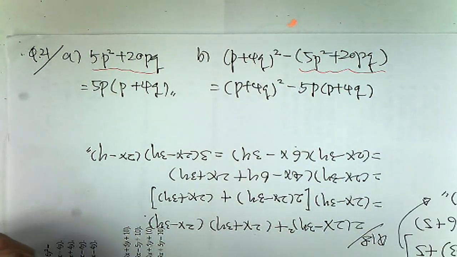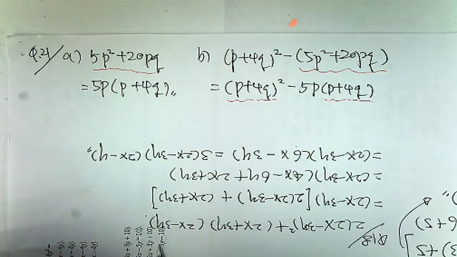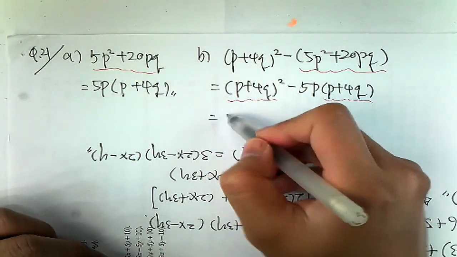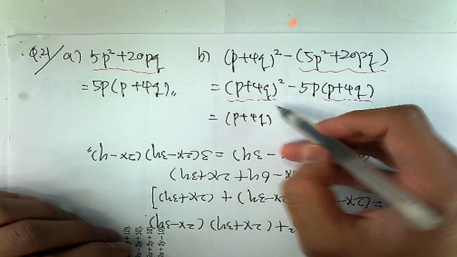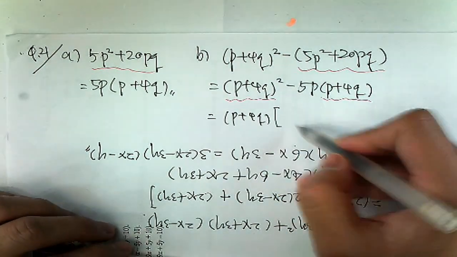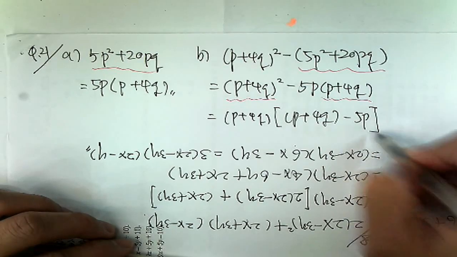So here you can see, oh, we still have something in common, right? P plus 4q, and then pull out p plus 4q. Because the terms are so big, you give a middle bracket, p plus 4q minus 5p.